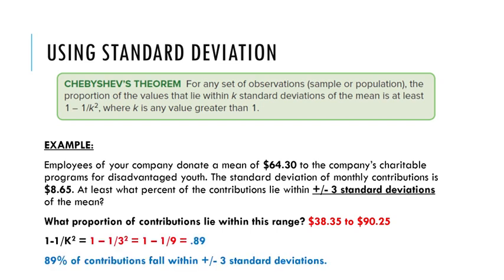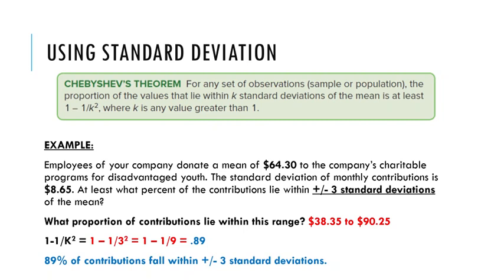When I plug in 3, that gives me 1 minus 1/3 squared, 1 minus 1/9. Very simple math gives me 0.89. In other words, after plugging in k equals 3, I've learned that 89% of the contributions fall within plus or minus 3 standard deviations.